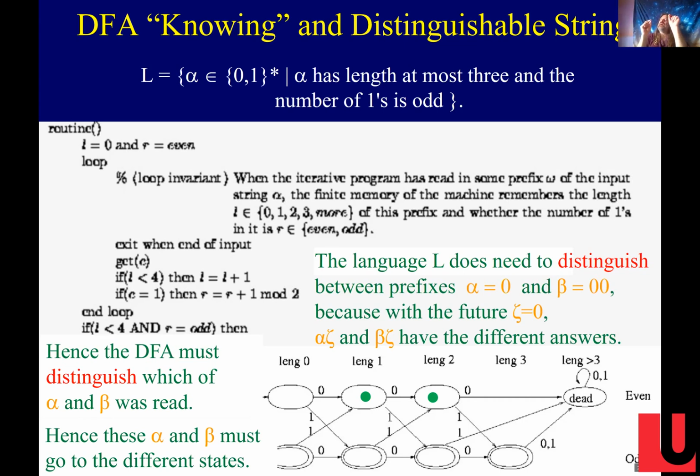Why? Because for each pair of those, there's a future that distinguishes them. And hence, you can't have a DFA with fewer states. Are people following that? Everybody good with that?